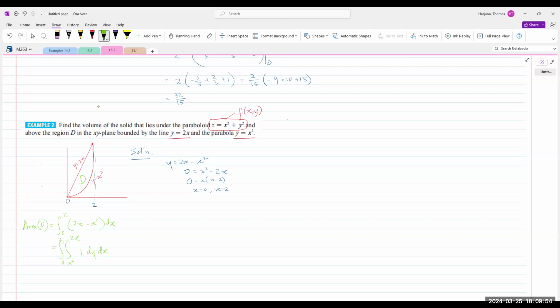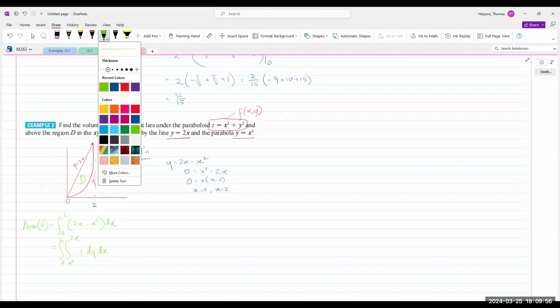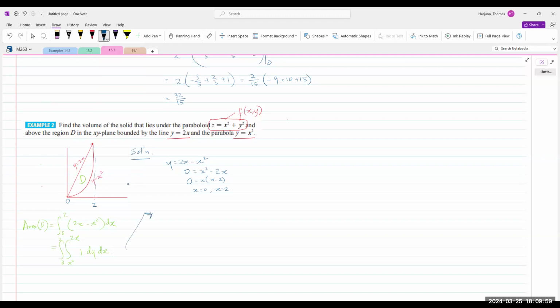Now, if we go back to the actual integral, the volume will be the double integral over domain D of f(x,y) dA, which when we put in more detail is the integral from 0 to 2, integral from x squared to 2x of x squared plus y squared dy dx.